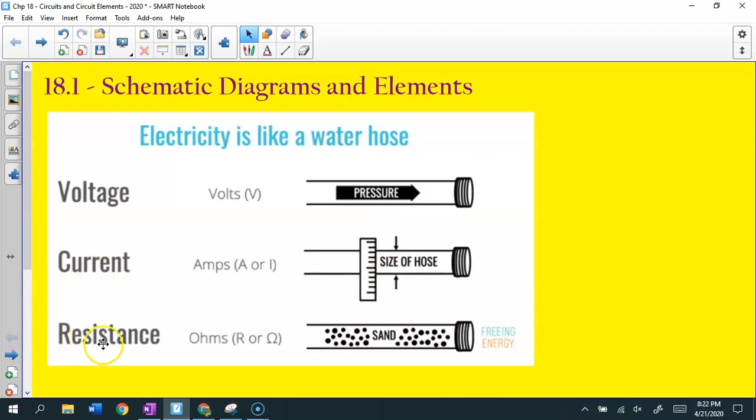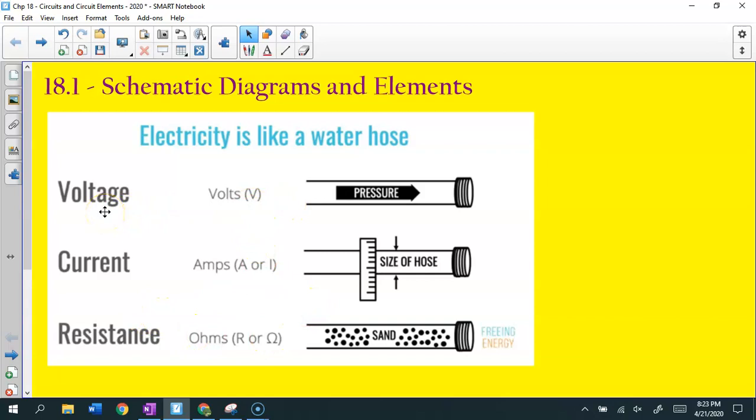And finally, think of resistance as little sand particles or something that might be impeding the water from flowing out of that pipe. So think of resistance as that sand in the pipe itself. You'll see these units a lot in this chapter. Volts is for voltage.